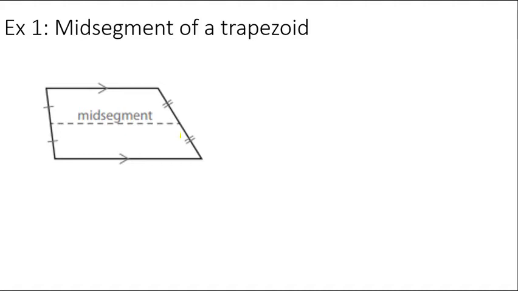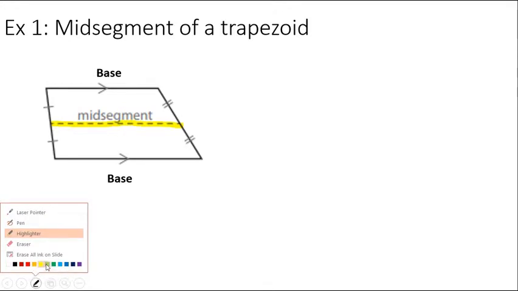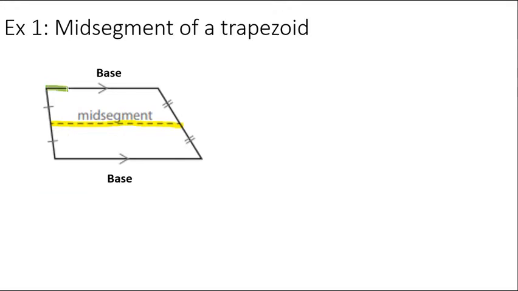So in the trapezoid, the mid-segment is the line that goes down the middle. And remember, these are the two bases. So you have this one here, and this one right here, the base.